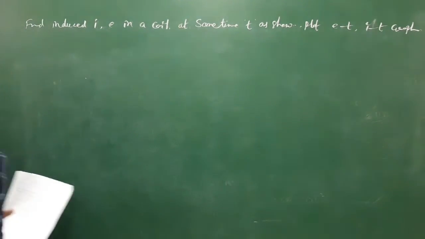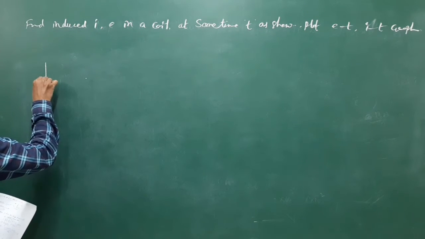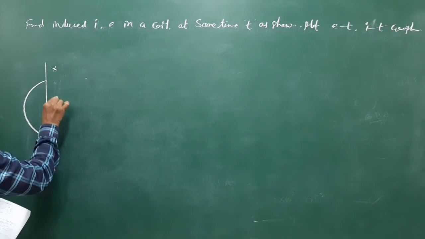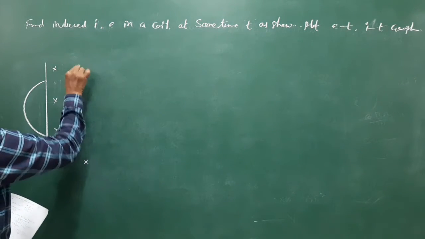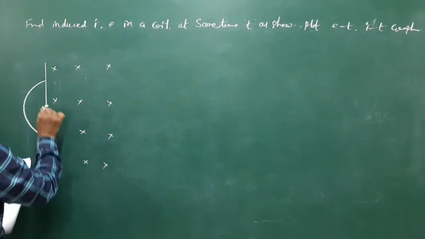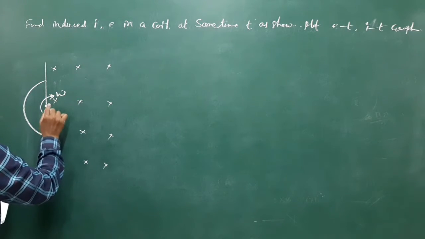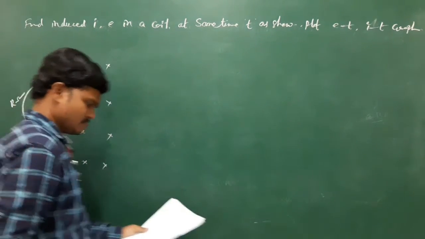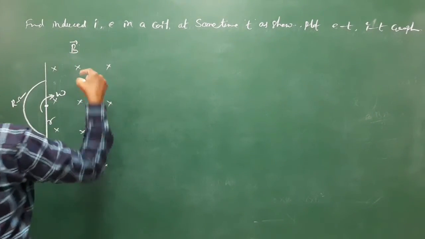Let me draw the diagram. This is somewhat a good question. Here the coil is rotating with the given angular velocity omega, the radius is r, the resistance is R ohm, and the field is B, which is into the board.